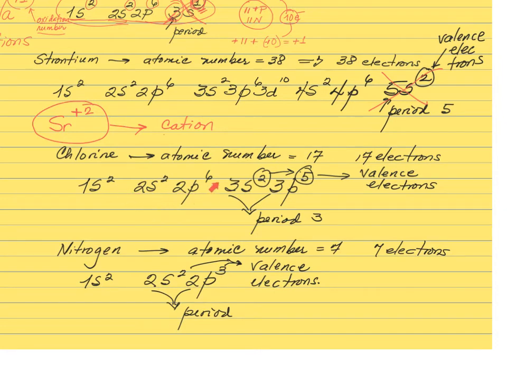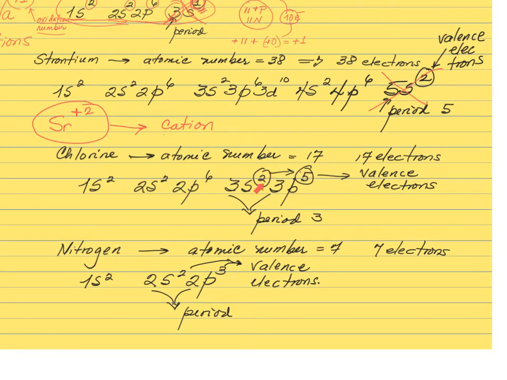So the second level of energy has 8 electrons, but in the third level of energy, they have 7 electrons. So how many valence electrons? 7. So now you're going to ask yourself, remember that to reach chemical stability, they need 8.